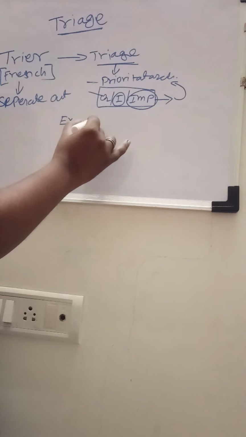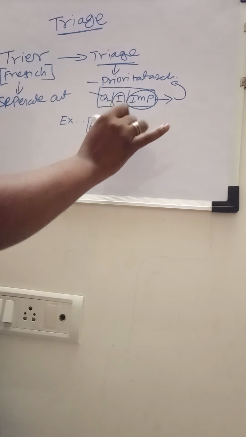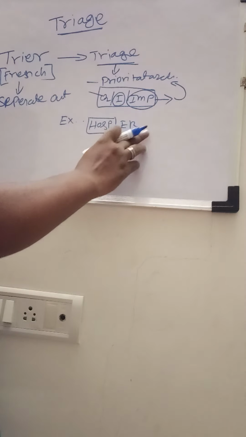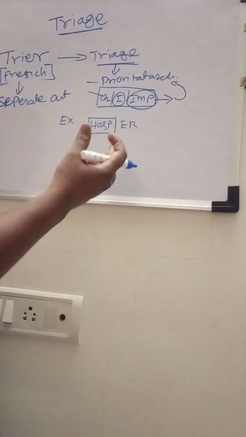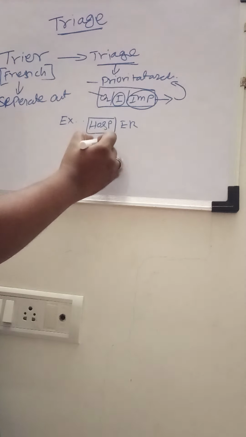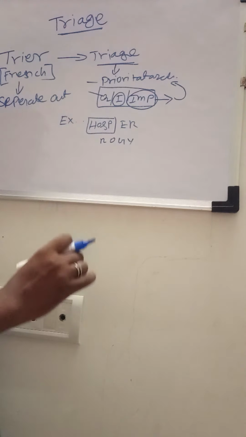In a hospital there is an emergency department, and whenever patients come in serious conditions, triage happens. When a patient is brought to the hospital, they are triaged by a senior nurse or medical doctor, who may give a red, orange, yellow or green card. That is how patients are segregated.